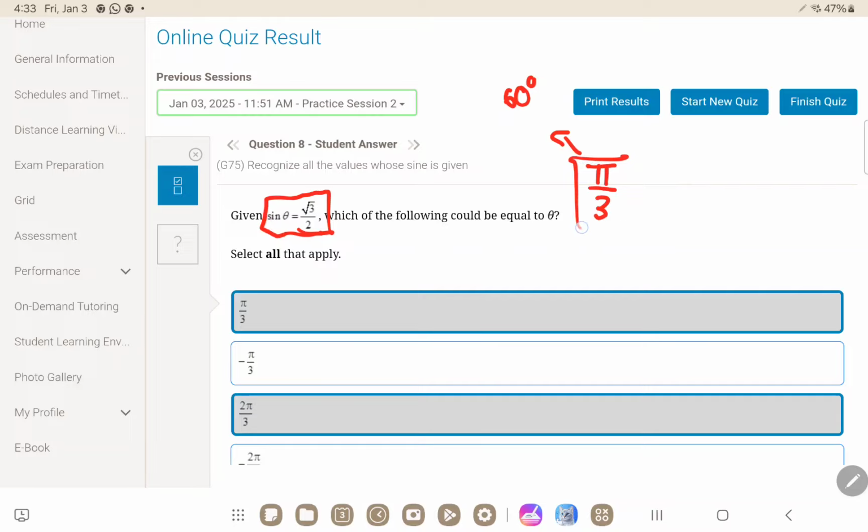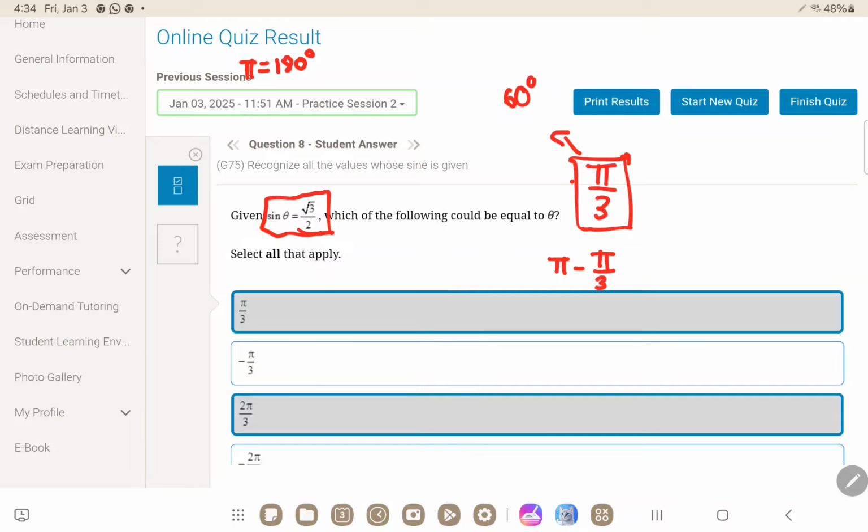So we know this is a correct answer, but we need to find what other than pi over 3 also gives radical 3 over 2. The first thing we do is, for sine, it's always the angle and its supplement. So you need to do pi, because pi equals 180 degrees, minus this angle.